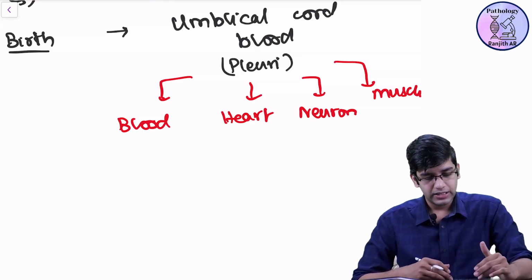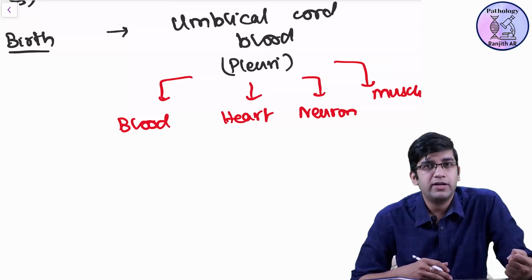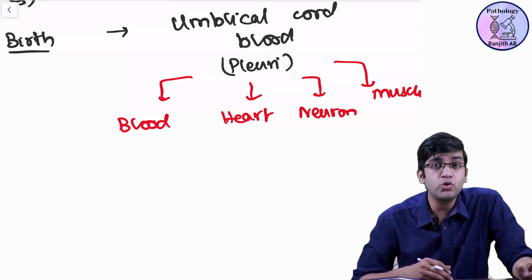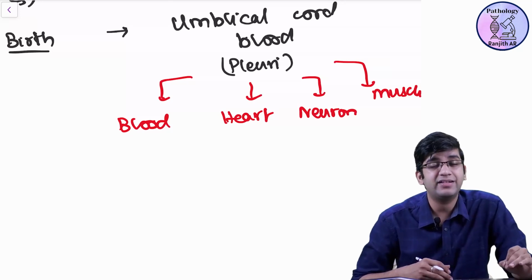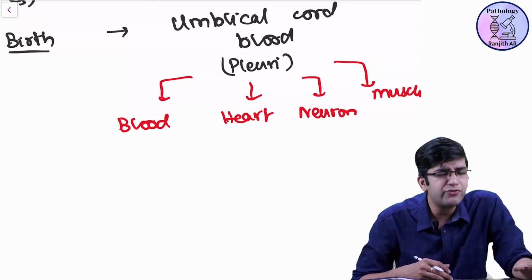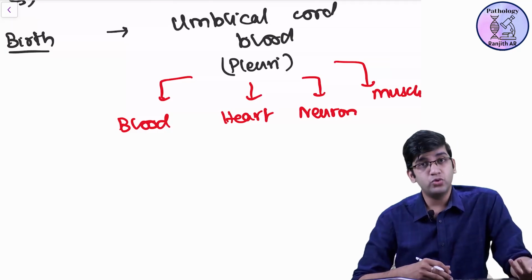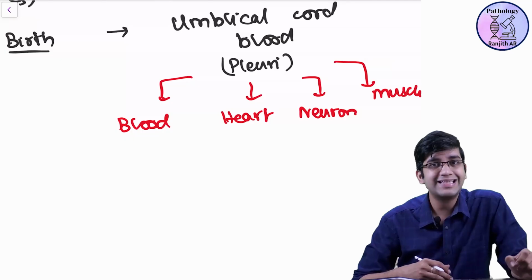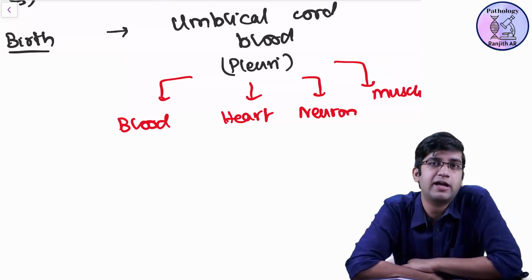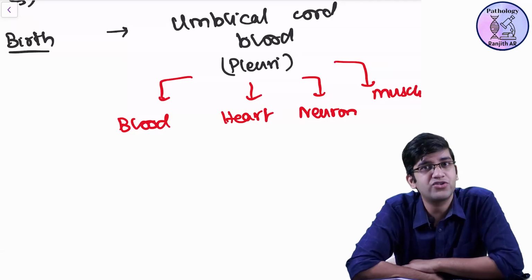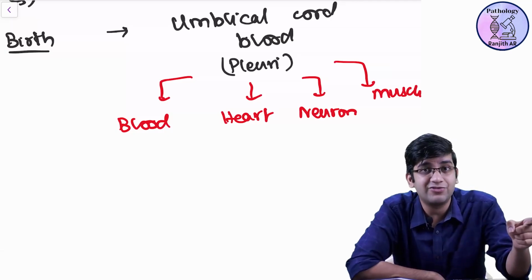So I'm saying that I'm going to store the umbilical cord blood of a newborn baby. The most important thing is to maintain the temperature. I have to store it perfectly. So let's assume, just an assumption, this kid has a problem, a heart attack, at 70 years of age. So I'm going to say, take the cells which we have stored.